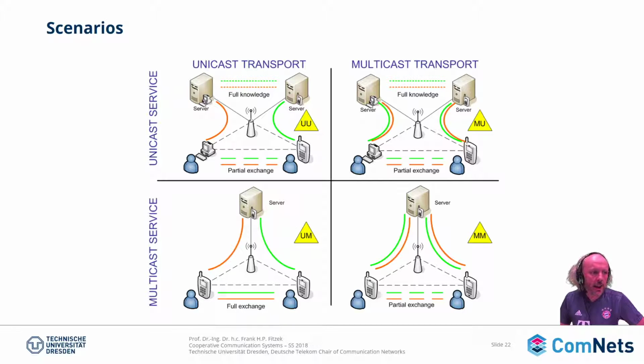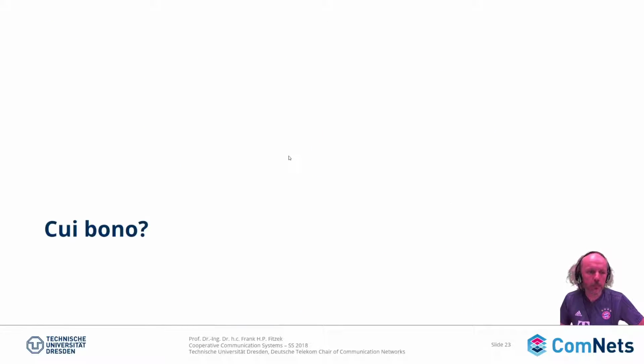Then you can even have a unicast transport, and they exchange fully over here, or a multicast service with a multicast transport. So 4 different scenarios for how to cooperate. But you will get examples for this later on.